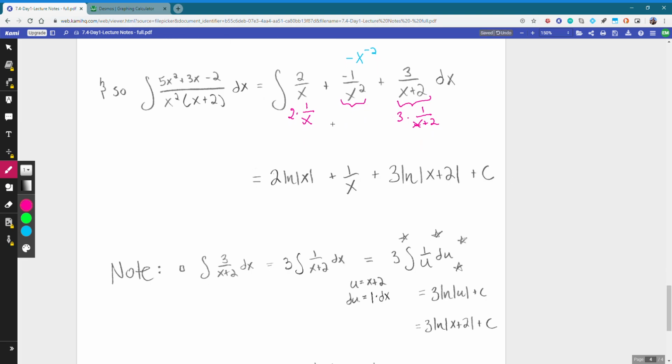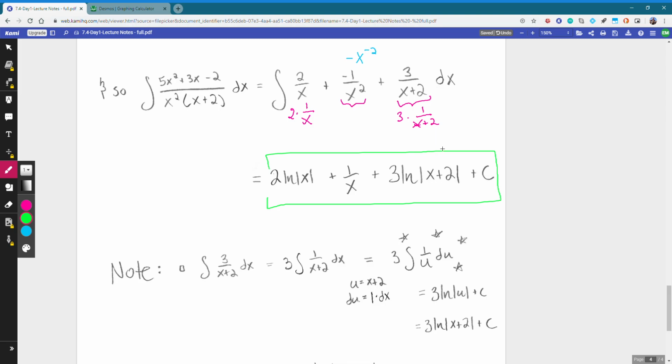As we take our antiderivatives, the antiderivative over here on the right is just the natural log of absolute value of x plus 2, times that constant multiple of 3. And so those are the antiderivatives to our original rational function, which we were able to work out by breaking it apart using partial fractions.